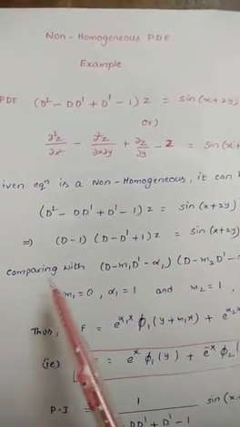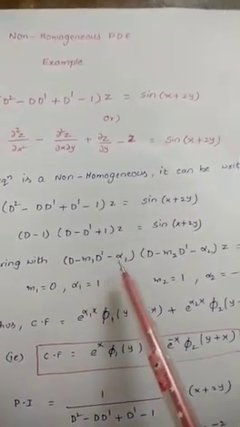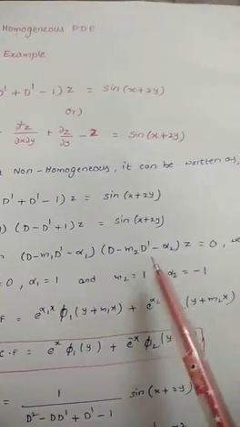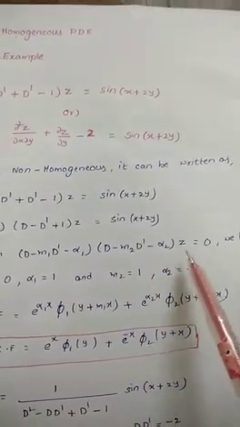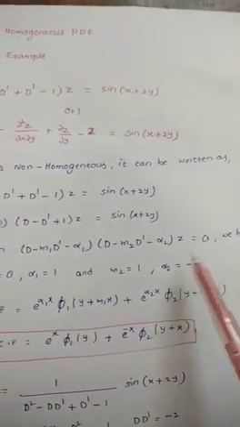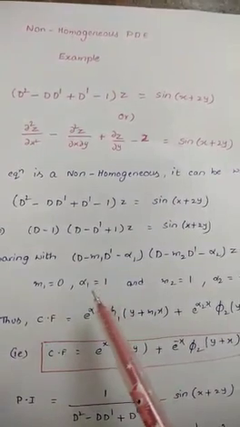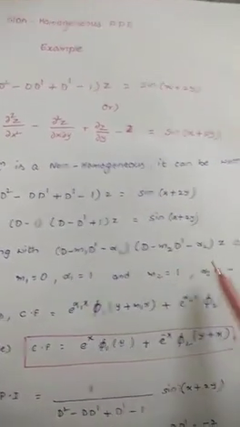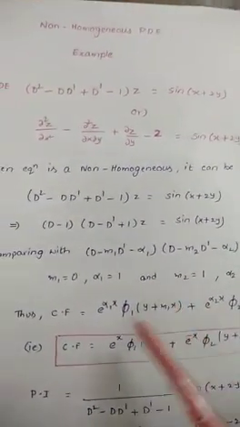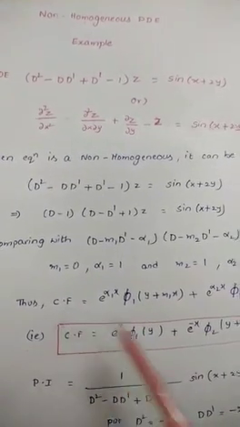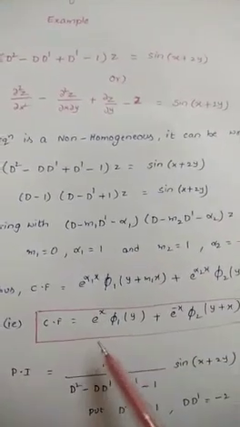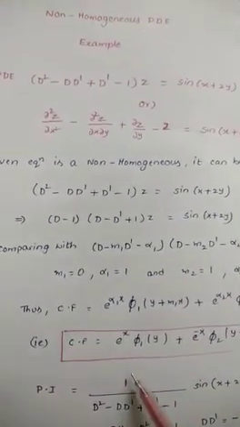Now comparing this with (D - m1 D' - alpha1)(D - m2 D' - alpha2) of z equal to 0, we get the m1 and alpha1 values, m2 and alpha2 values. Substituting these values in the complementary function formula, we get the required complementary function.